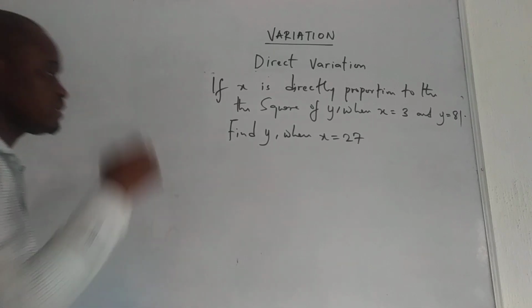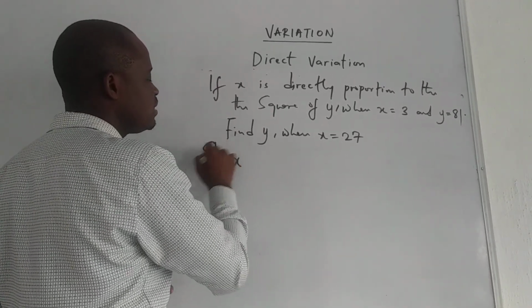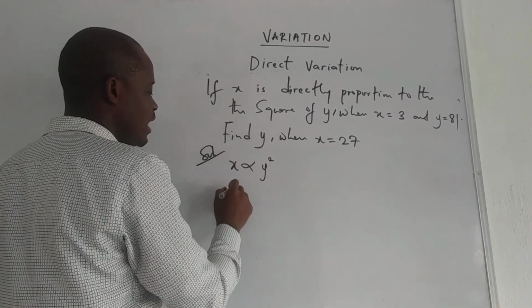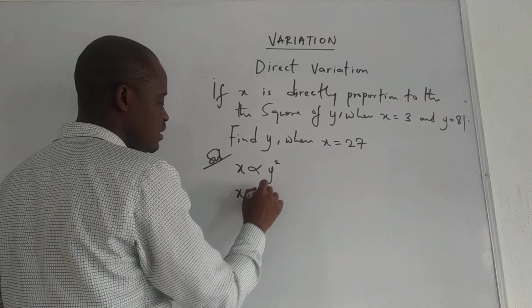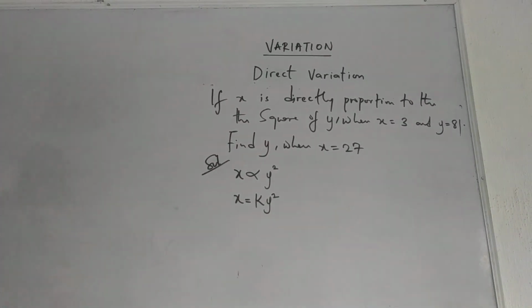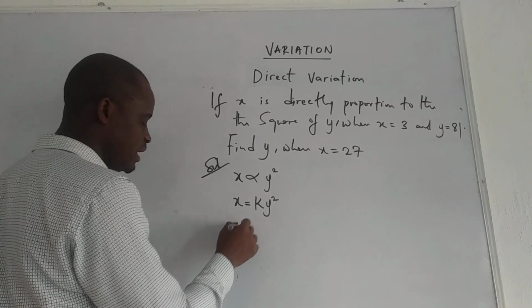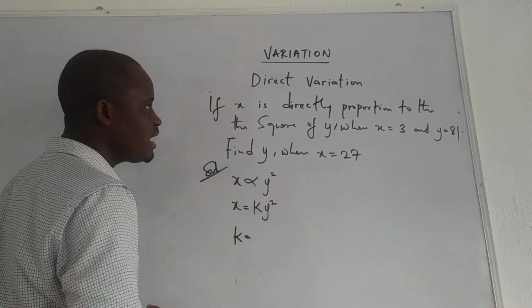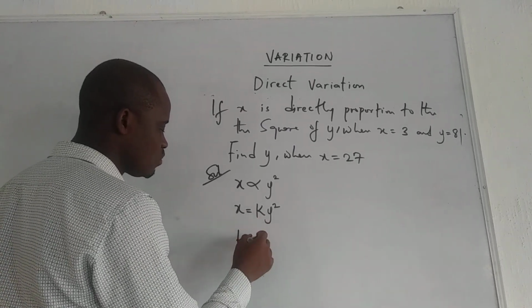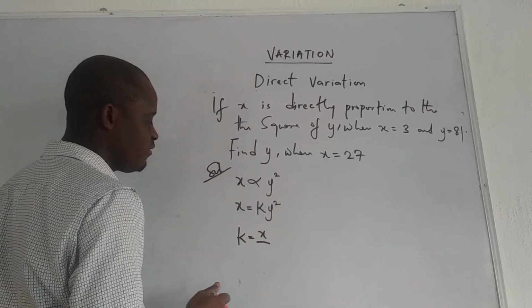That's also straightforward. Now, x is directly proportional to the square of y. So that will be x equals ky squared. Right there. X equals ky squared. That's our connecting relation. So making k subject will give you x over y squared.